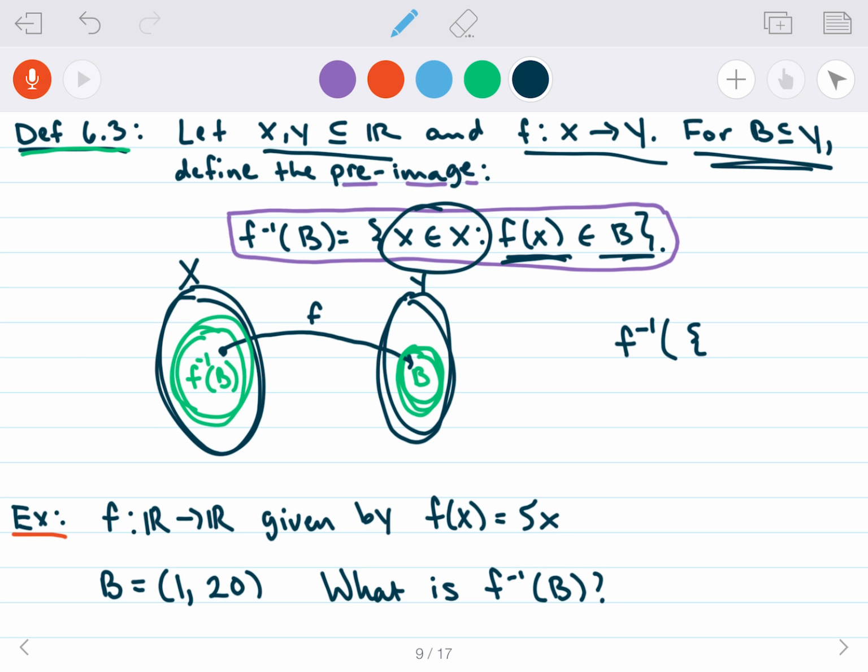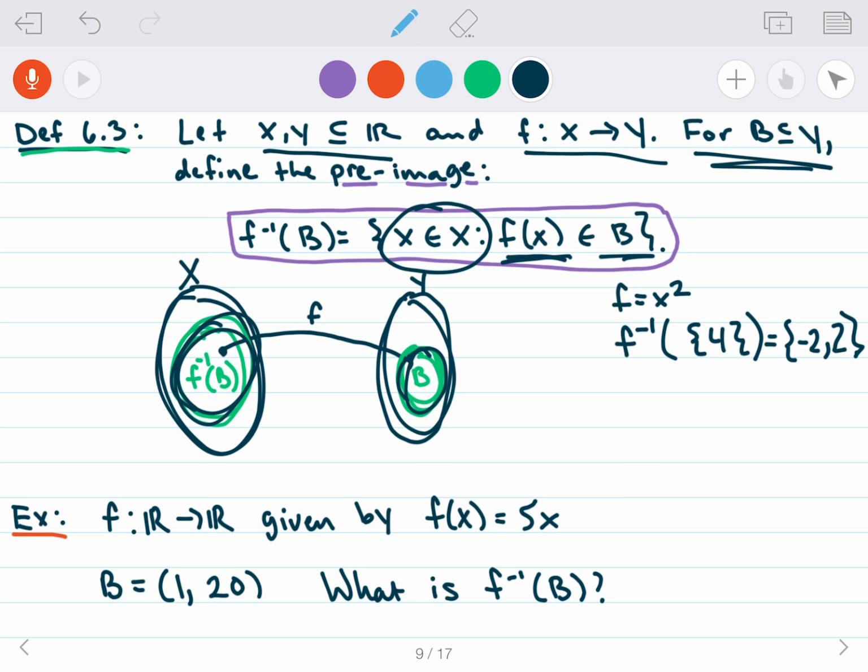If I wanted to look at the pre-image of 4, saying that f was equal to x squared, well, what maps to 4 under f? That's going to be -2 and 2. That's going to be that set. So in the picture, that would be this guy, and then 4 would be our set B.